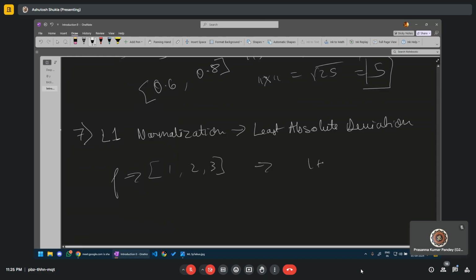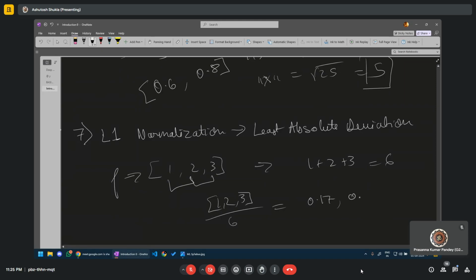All you have to do is 1 plus 2 plus 3, which is the sum of these 3, equal to 6, and you divide the whole thing by 6. So 1, 2, 3 divided by 6 gives 1 by 6, which would be 0.17, I think, 0.33, and 0.5. And that is your normalized feature after that.